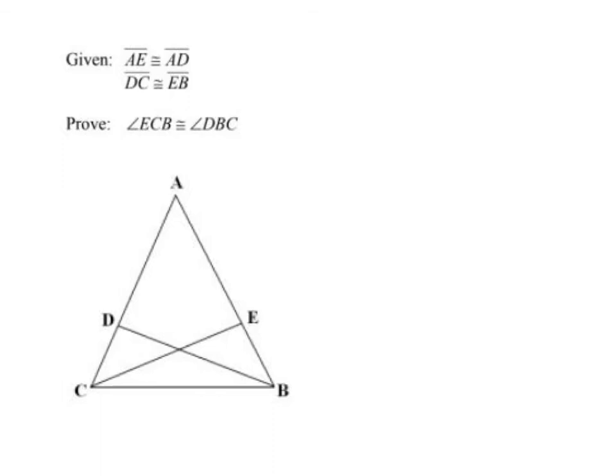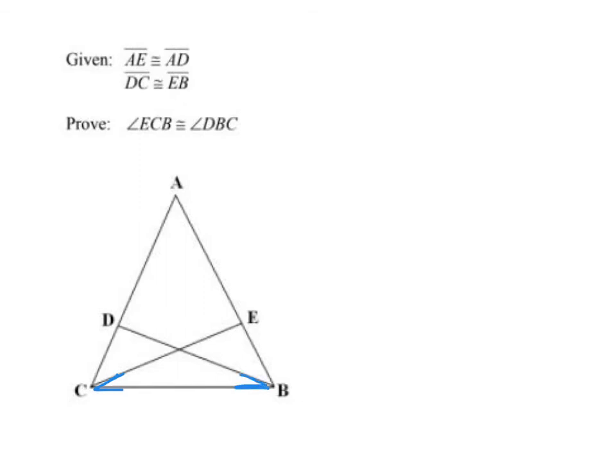What might be the most challenging about this next proof is determining which pair of triangles we need to get congruent. And it's usually helpful to look at what statement you're trying to prove, and in this case we're trying to get that angle ECB is congruent to angle DBC.